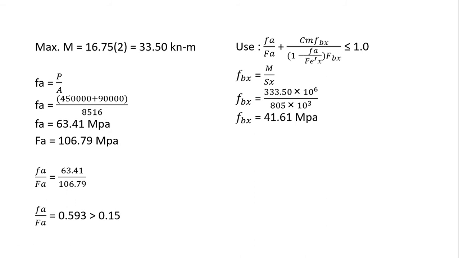And then F'ex. To solve it, the formula is 12 times pi squared times E over 23 times KL over Rx, squared. Since we already have the values earlier, we will substitute.